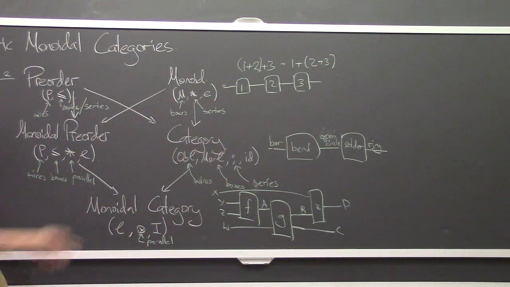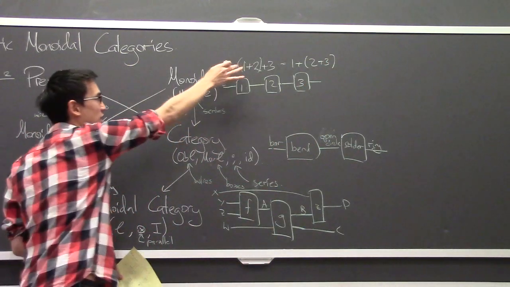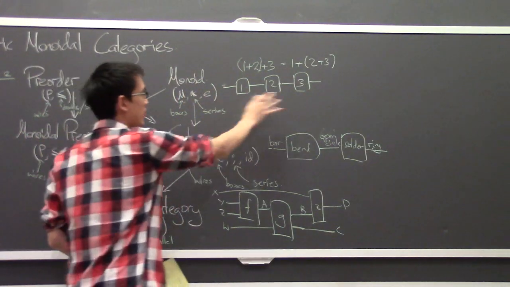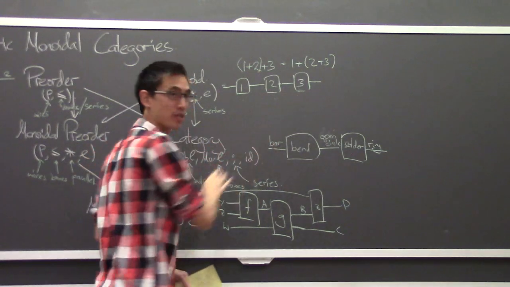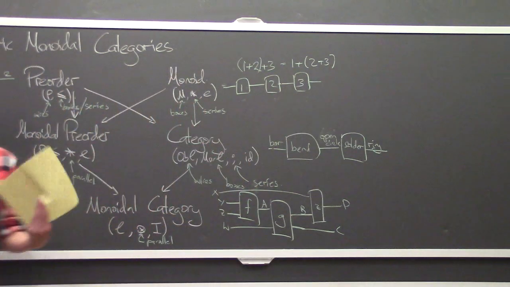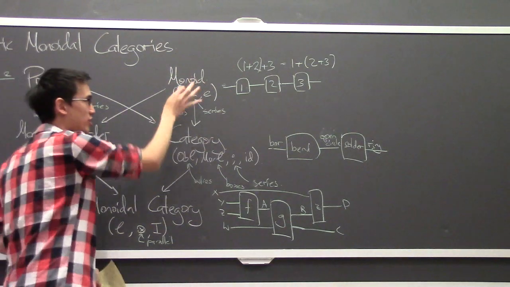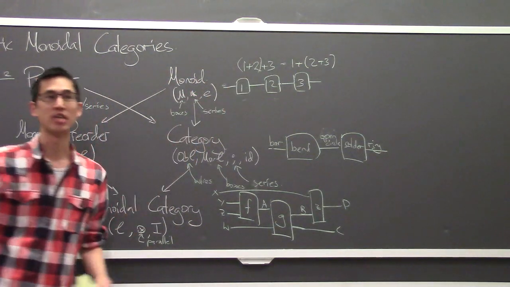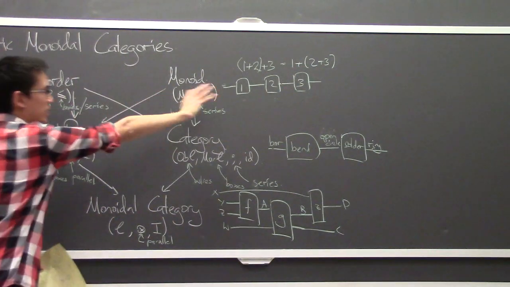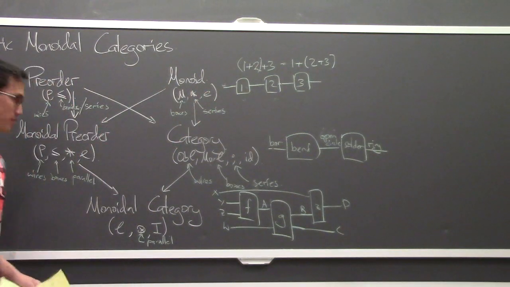So these diagrams, if you compile down to this formal notation, could be ambiguous. This diagram could represent 1 plus 2, then plus 3, or it could represent 1 plus 2 plus 3. And the axioms on the structure of a monoid say that this diagram is unambiguous, so that this is a good way of capturing this visual picture.